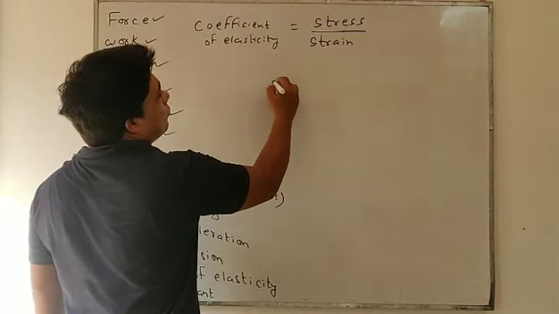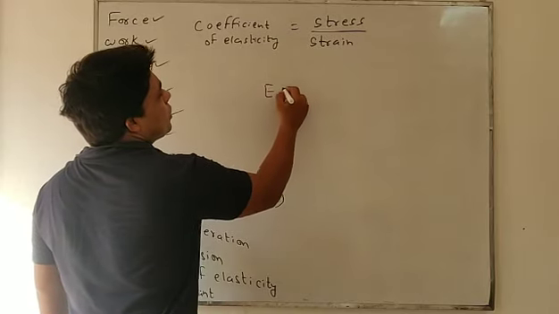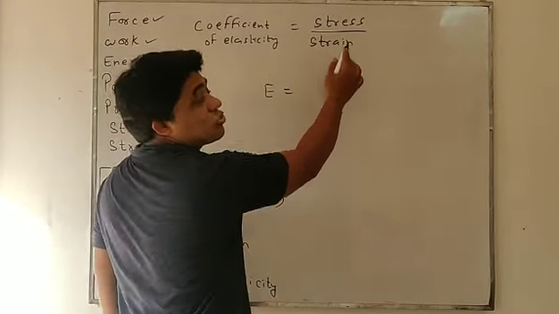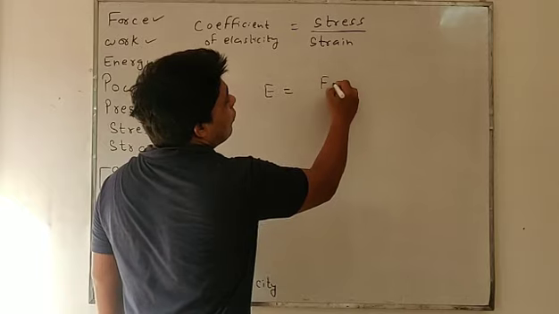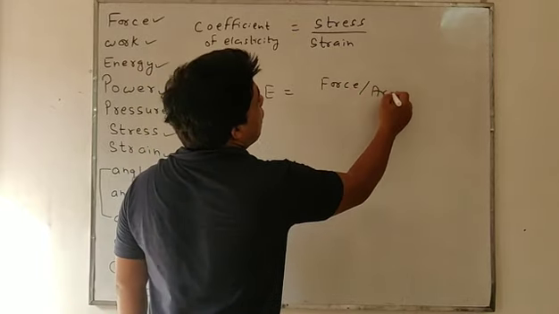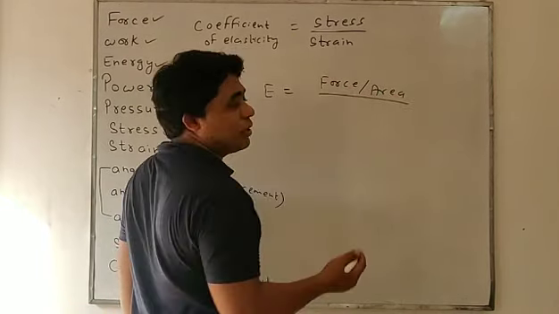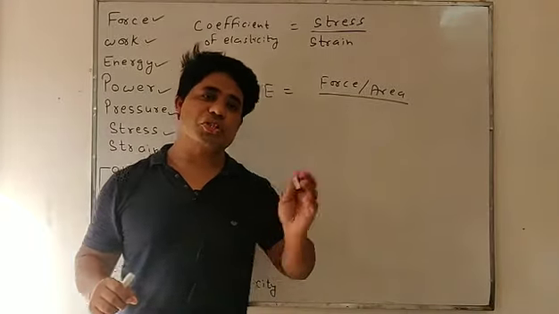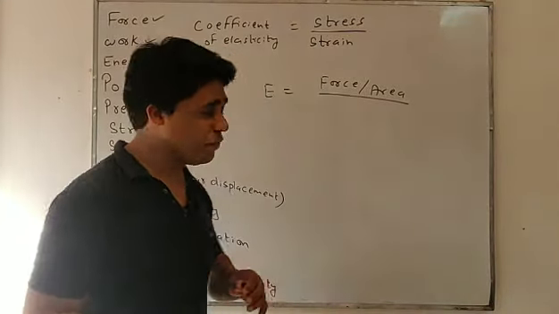It is represented by, suppose, E. Stress has the formula force by area, and strain is change in length by original length, change in configuration by original configuration, as we did.